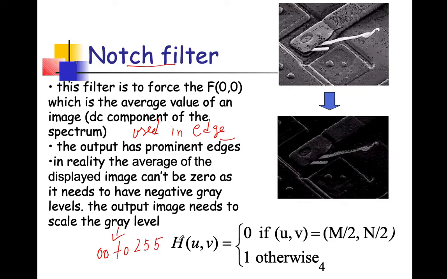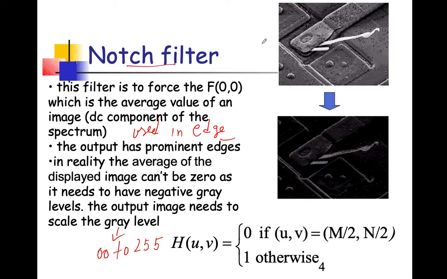In expression form, the filter is H of u comma v equals 0 if (u, v) equals (M by 2, N by 2), and 1 otherwise.